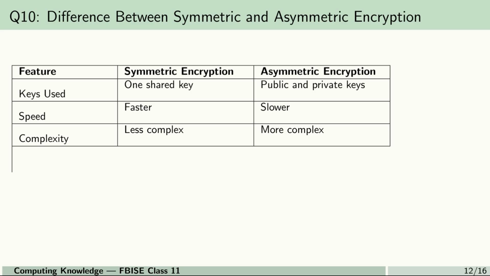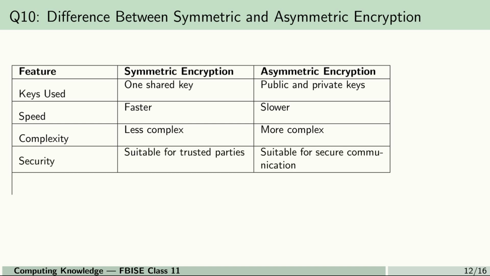In terms of complexity, symmetric encryption is less complex, while asymmetric encryption is more complex. In terms of security, symmetric encryption is suitable for trusted parties, while asymmetric encryption is suitable for secure communication.